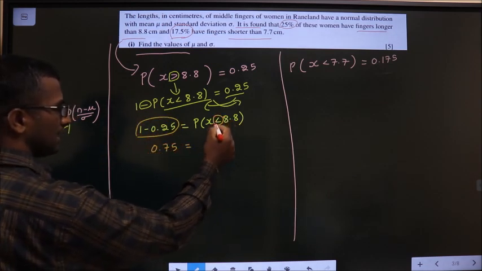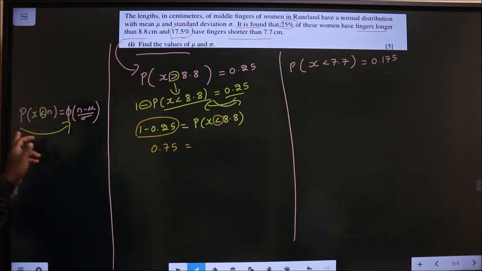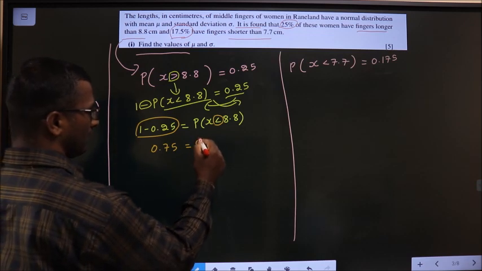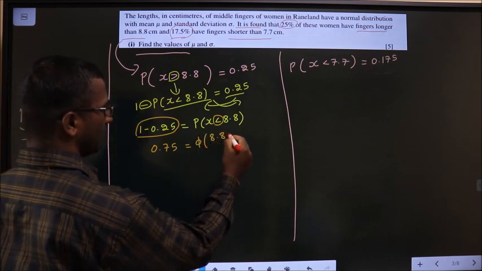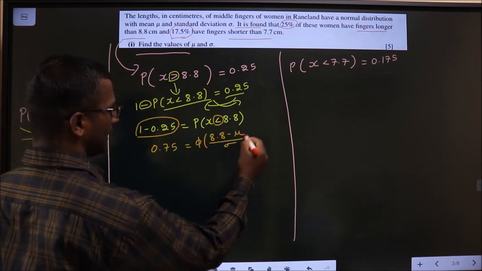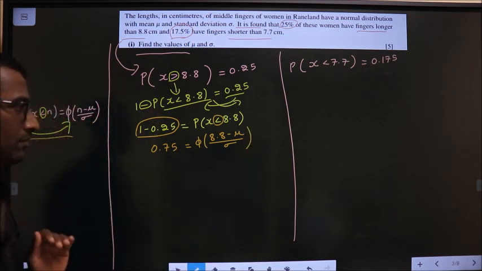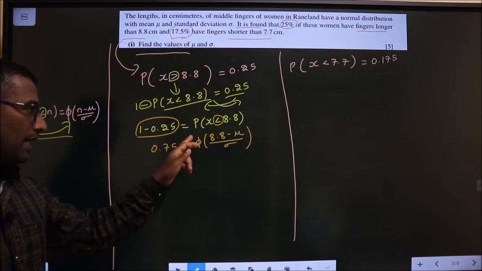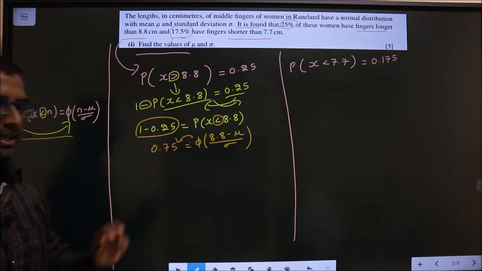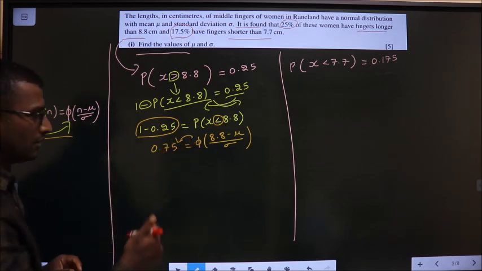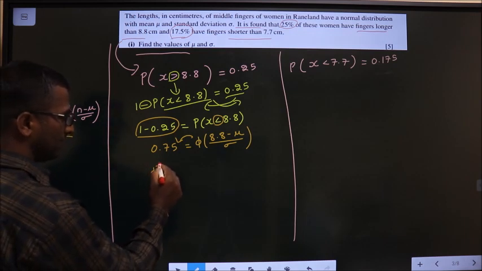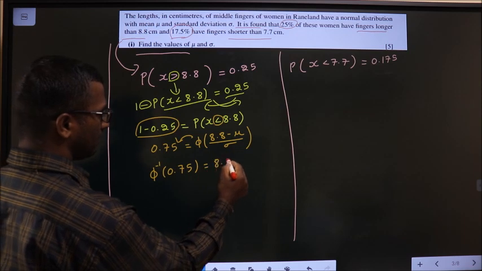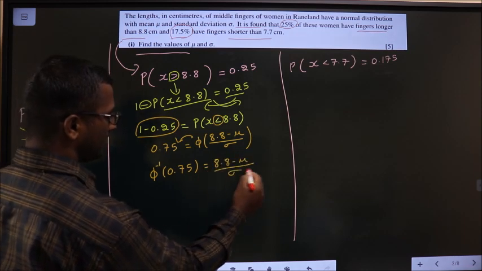And here the symbol is less than. So now P will get converted to phi. So phi of 8.8 minus mean, mean is not given, standard deviation also we don't know. Now, to simplify it further, we have to shift phi to the other side. So when we shift phi to the other side, it will become phi inverse of 0.75 equal to 8.8 minus mean by standard deviation.